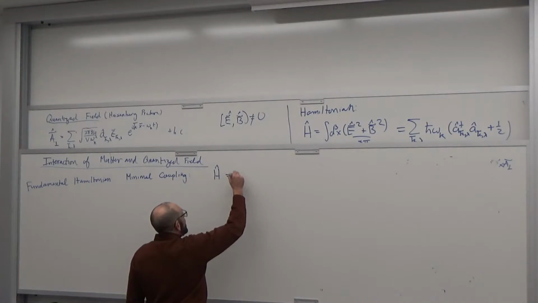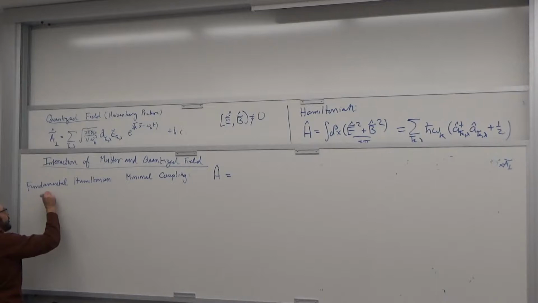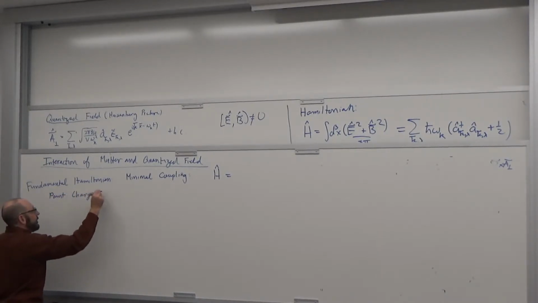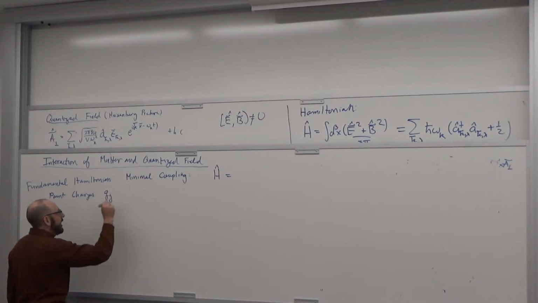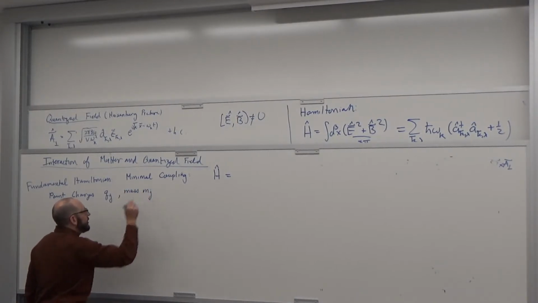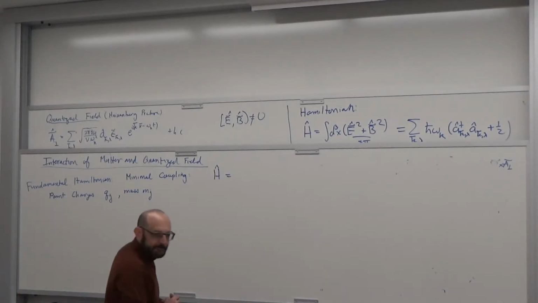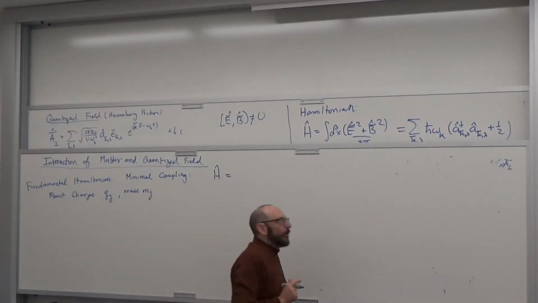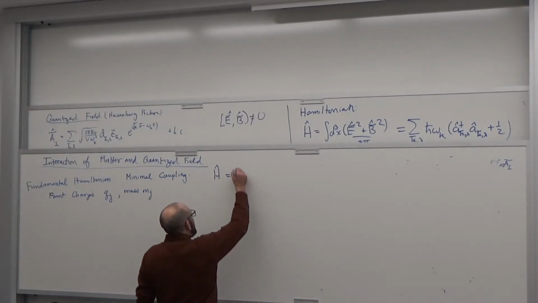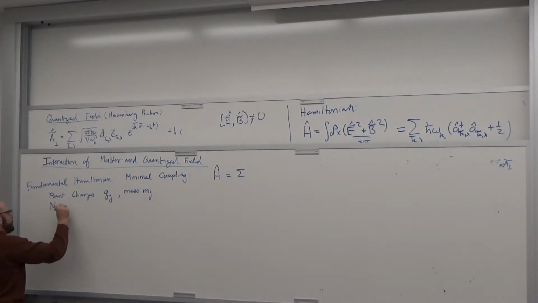H. Well, we have a bunch of charges. So I'm going to have point charges with charge q sub j, for whatever the j-th charge, and mass of the charged particle. So these could be, say, electrons and protons, or electrons and nuclei, or whatever charges we have. So I'm going to treat the charges non-relativistically to start.